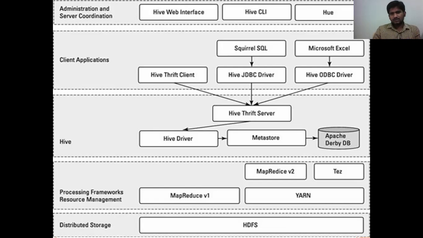Then all of it we keep on the Hive Thrift server, then Hive drivers, metadata, and Apache Derby DB. This is where the data is stored. So these are the client operations. Simply, we give a query, and then the query is executed on the metadata and the database.